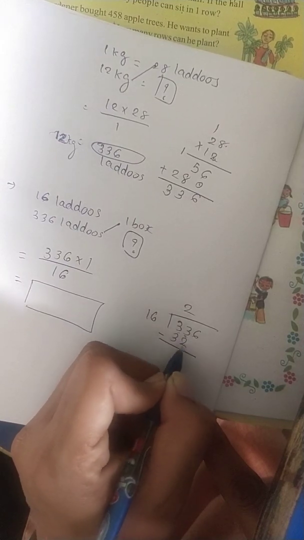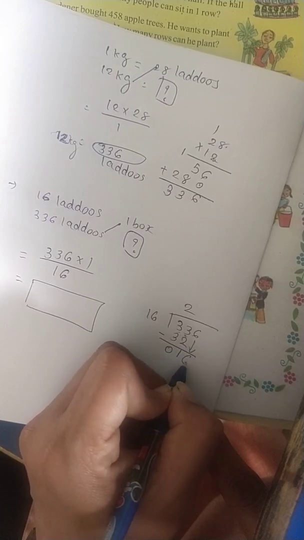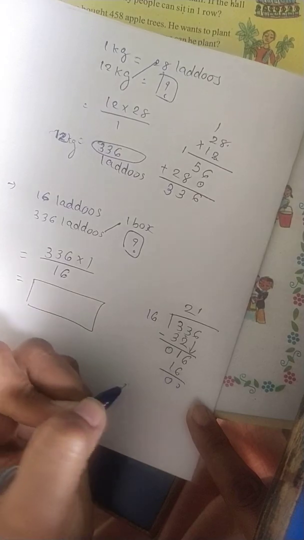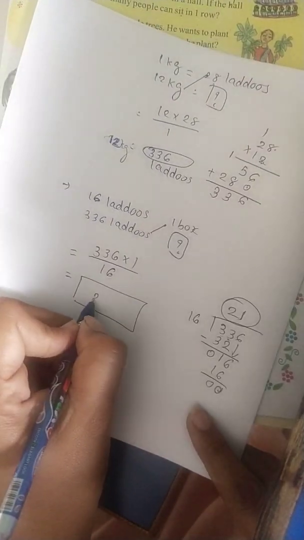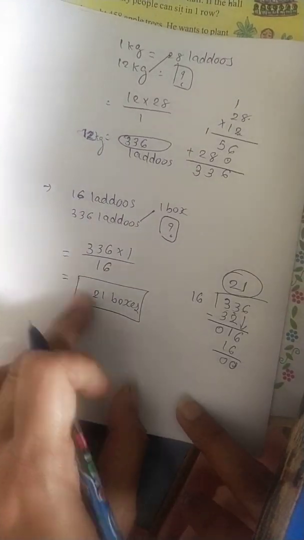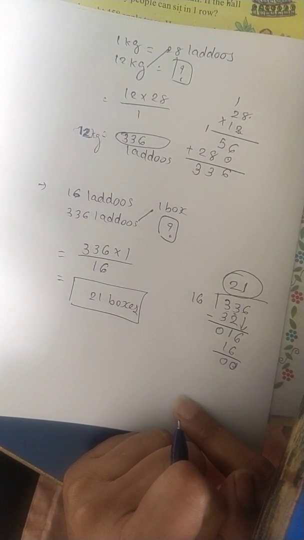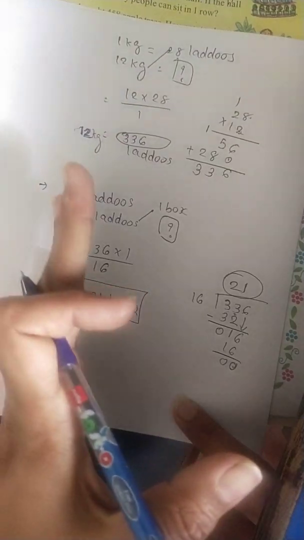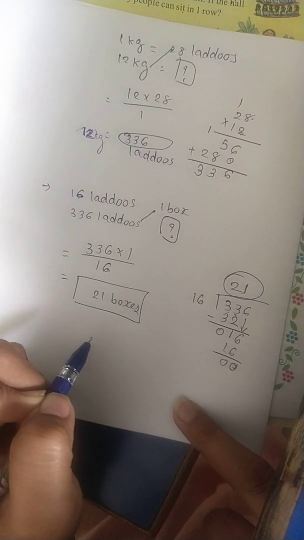Subtract 32 from 33, 1; bring down the 6. Again 16 ones are 16. Very easy, students. So how many total boxes? 21 boxes are required for 336 laddus. Understood, students? So here we divide 336 laddus into parts of 16. That's why we divided by 16.